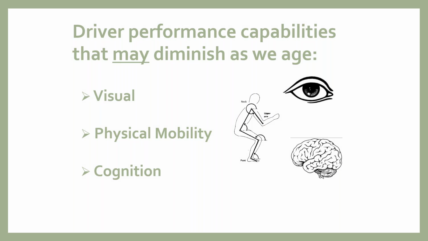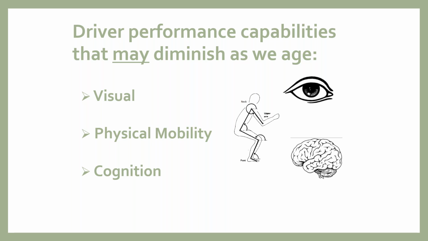We're going to talk about visual capabilities that naturally diminish as we age, some physical mobility capabilities, and cognitive capabilities. Now, we all age at different rates. So the phrase age is just a number is very true because it's a very individual thing.